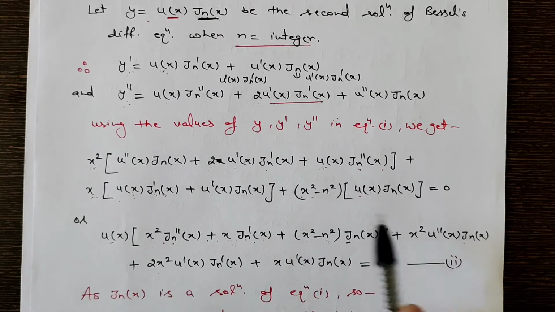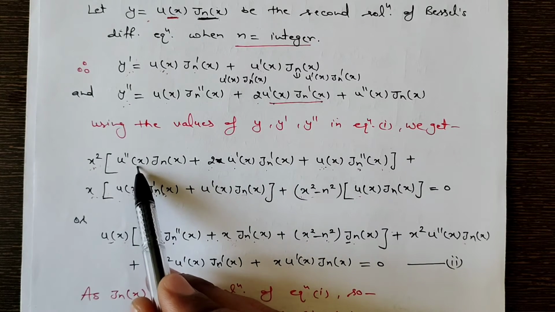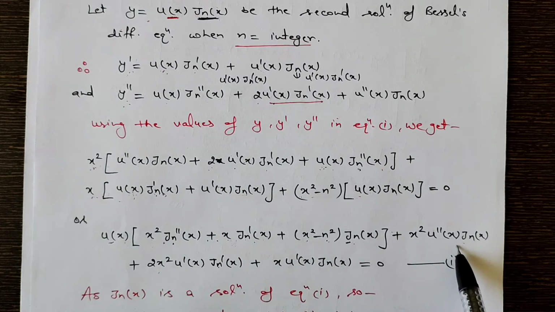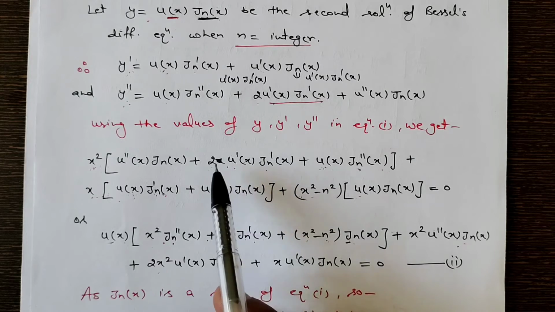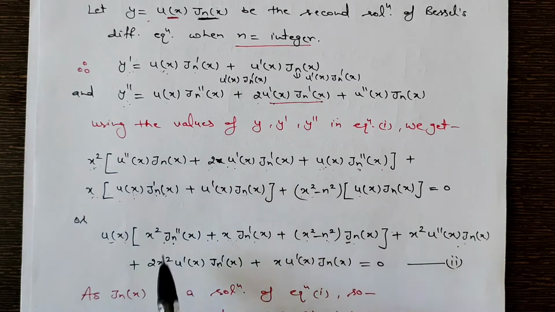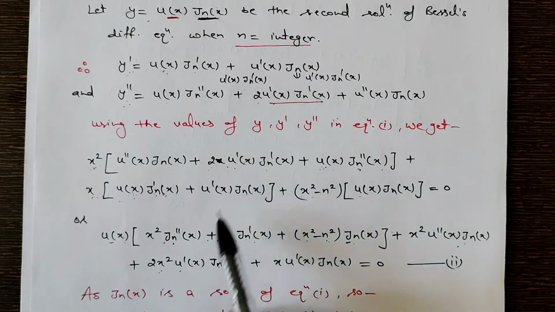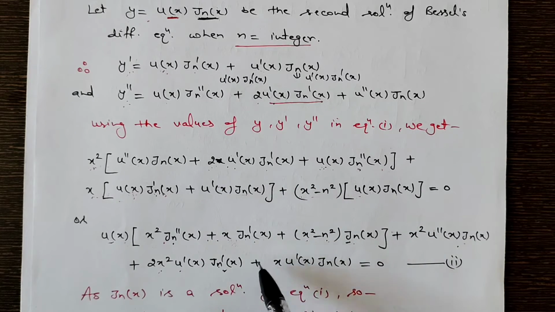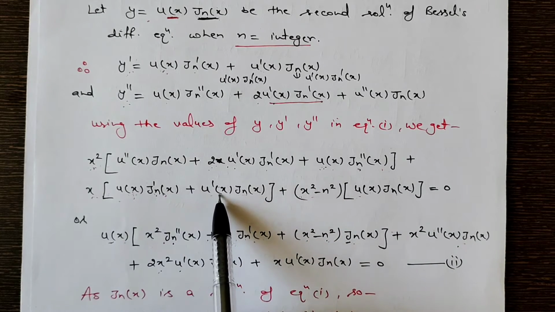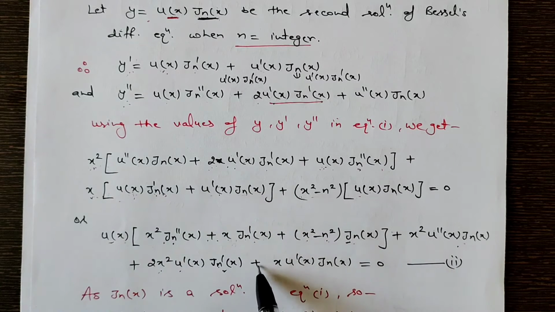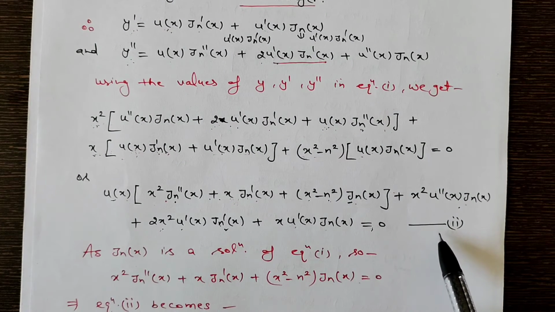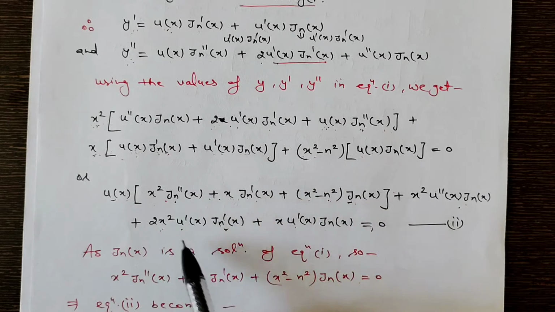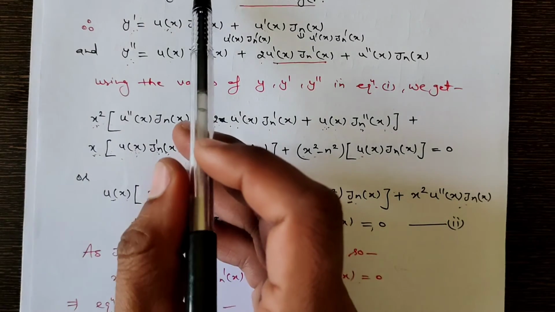So the remaining terms are x square into u double prime x into Jnx, and the next term is twice of, after multiplying with x square, x square u prime J prime x, plus the next remaining term, which is multiplied with x, so it is x into u prime x into Jnx equals to 0. We have named this as equation second. So that simplification is carried out as we already have our solution Jnx.